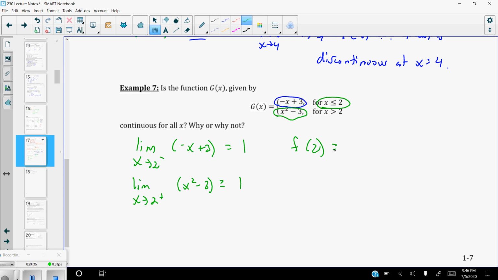The function at 2 comes from this piece right here, because that's where the equal to symbol was. If I plug 2 into that piece, we get 1. Therefore, all of these things are equal. It is continuous. g of x is continuous for all x.